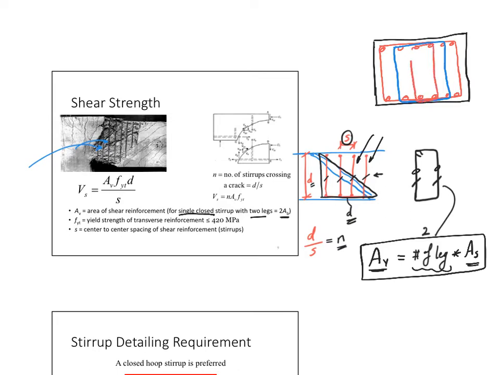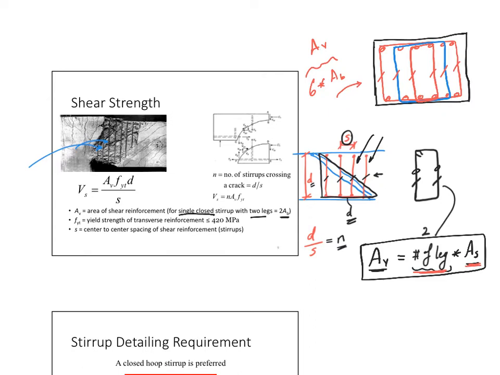In this case, I will count how many legs I have. There's 1, 2, 3, 4, 5, 6 legs. So now I consider this as 6 times the area of the bar, whatever the area of the bar is. This will give me my Av. Very important that you look: how we estimate Av is through multiplying the number of legs times the area of the bar of the stirrup.